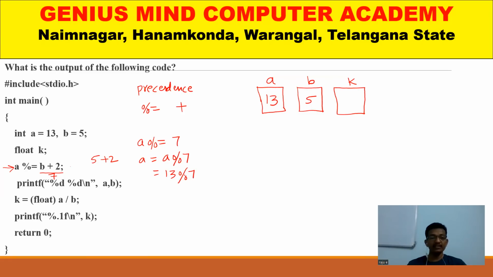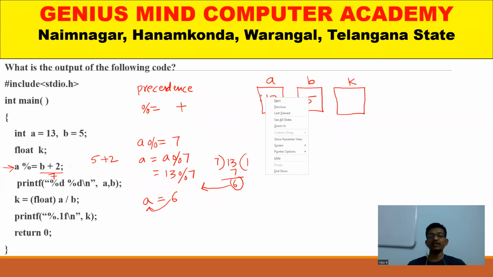Now if you divide 13 by 7, the modulus operator gives you the remainder. 7 ones are 7, then we get the remainder as 6. So this remainder is returned by the modulus operator, and we are assigning this value 6 back to a.